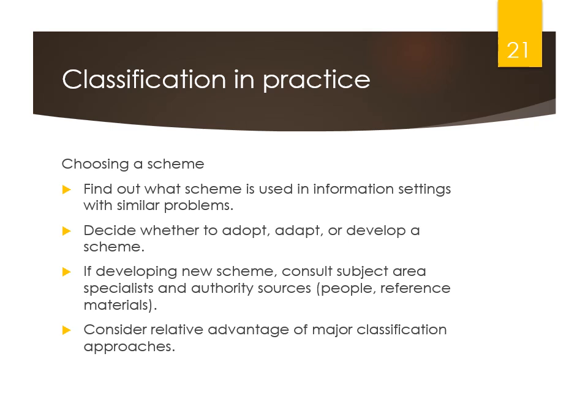If you need to develop a new scheme, you need to consult subject area specialists and authorities, sources including people or reference materials. Try to consider the relative advantages of major classification approaches. It isn't easy to make a new classification scheme for a new collection or organization.